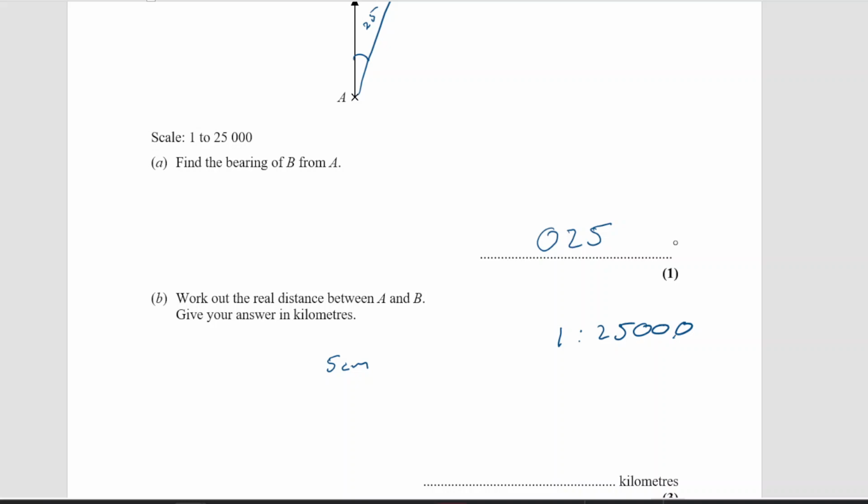So that would be 1 centimetre represents 250 metres. So 1 centimetre represents 0.25 of a kilometre. So 5 centimetres is going to represent 1.25 kilometres. And there'll be a range of errors for that answer. The mark scheme says allow anything between 1.2 and 1.3.